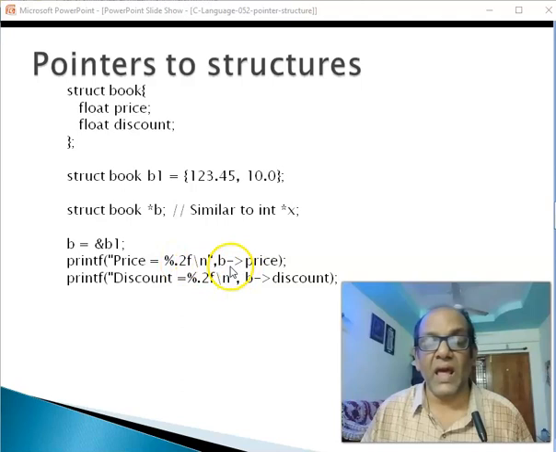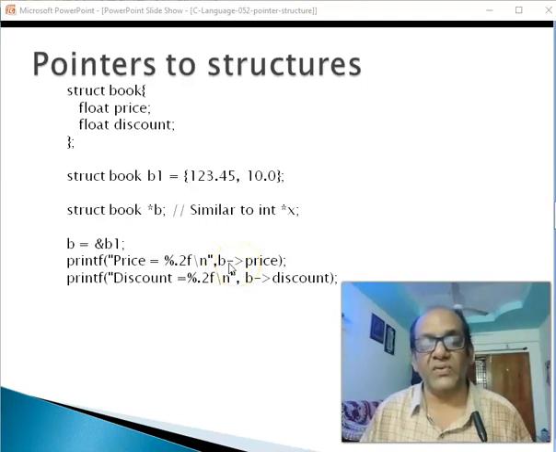And look at the arrow operator. This B is a pointer to a structure which contains two elements, price and discount. So when B is a pointer to a structure, you use the arrow operator. This appears to be 2 characters, hyphen and greater than, but it is called one operator, arrow.